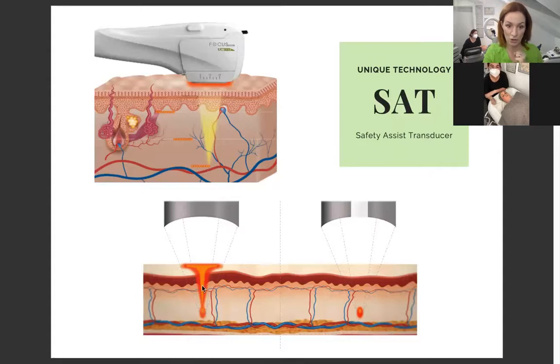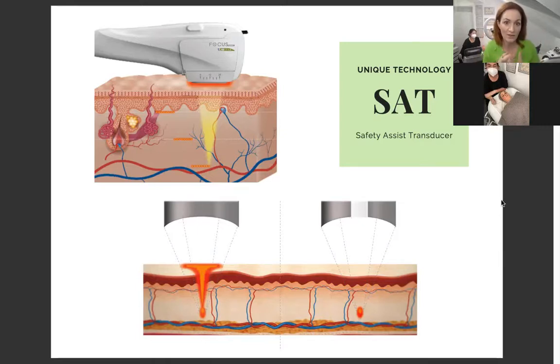This is too much. So what the Focus Jewel does is just remove this little area here, this safety assist transducer, and it means then that the treatment is extremely comfortable, like fall asleep comfortable. It's lovely. It's heated down here, and then this is causing that tightening of the skin, and we get that beautiful lift.